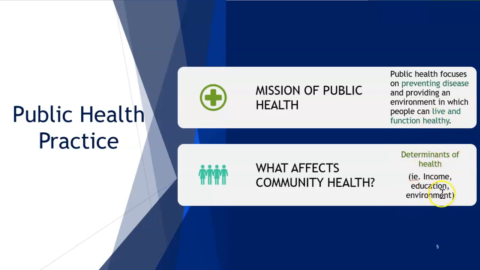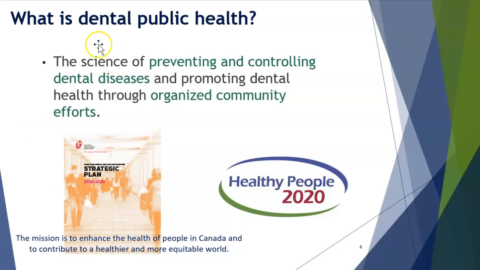There are many determinants of health that come into play, and there is a different video on the determinants of health that I'm going to encourage you to watch so that you have a better idea of what affects the community's health. So for dental public health, your role is to prevent and control the dental diseases.